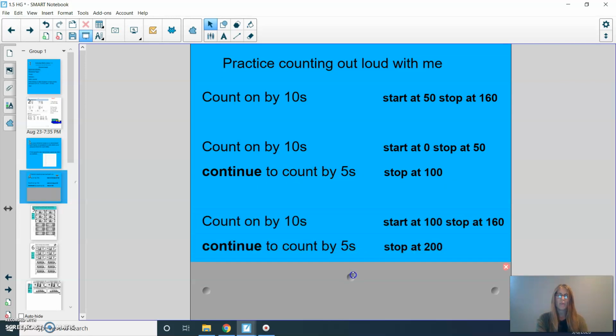This time, we'll count by tens. We'll start at 100, we'll stop at 160, and then we'll continue to count by fives until we get to 200. So again, we're going to start at 100, counting by tens, up until 160. Then we'll count by fives until we get to 200.